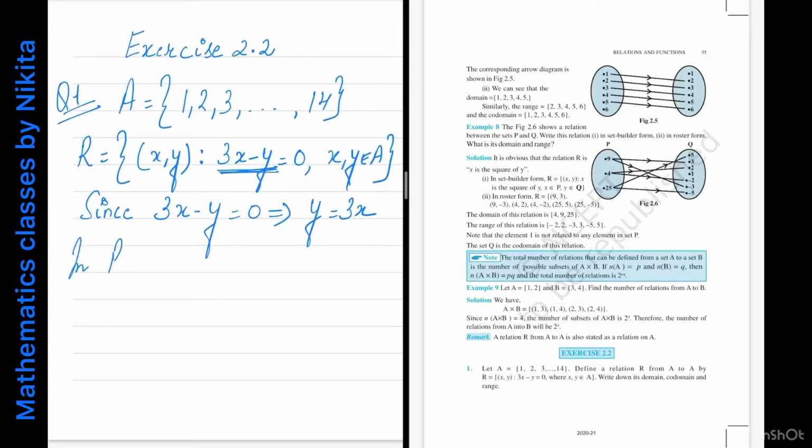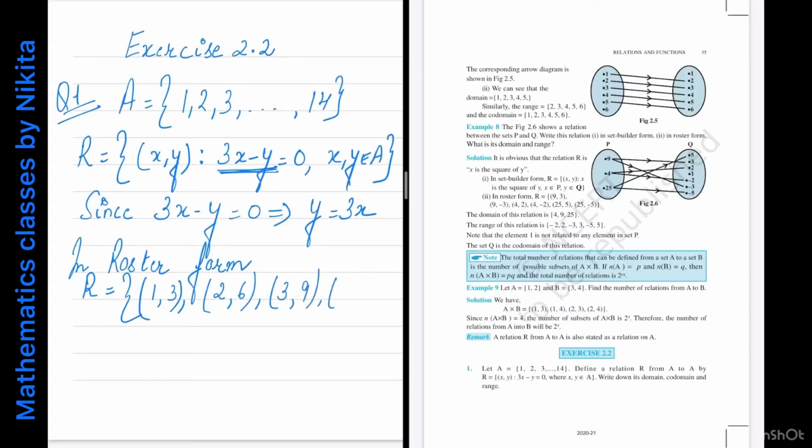So in roster form, R is equal to, and both x and y are coming from the set A. Keep on substituting the values of x as 1, 2, 3, 4 and so on, and get the values of y since y = 3x. So if x = 1, I will get y = 3, then x = 2, y = 6, then x = 3, y = 9, then x = 4, y = 12, and then when x is 5, y will be 15.